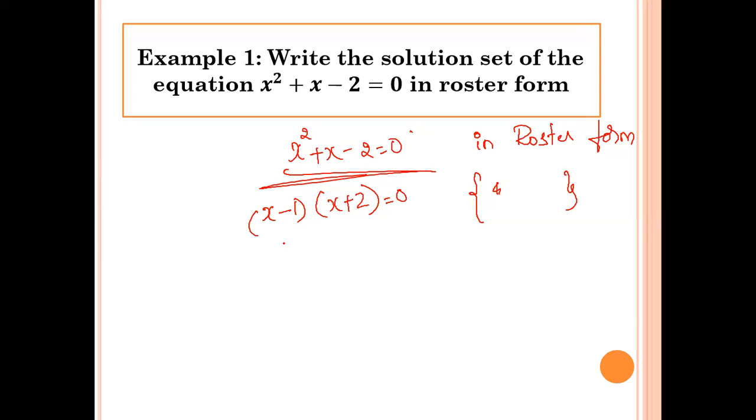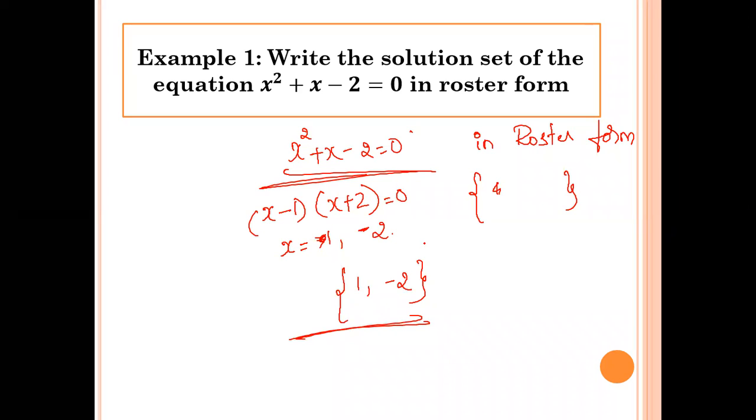Anyhow you'll get x equal to 1 and x equal to minus 2. Now how to represent the solution? You have to write it as the set 1 comma minus 2. This is how you represent the solution in roster form.